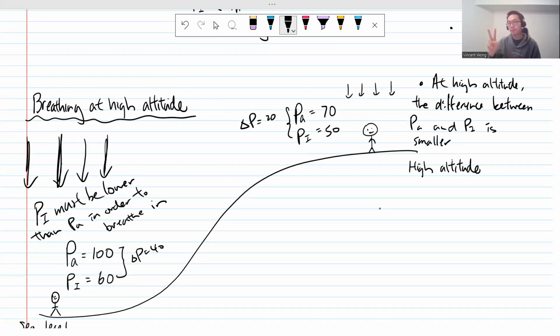So two things here. Number one, not only is it more difficult to get air into your lungs, but when you do get air into the lungs, the concentration of oxygen is actually less, right? So these two things make it really difficult to have good gas exchange.